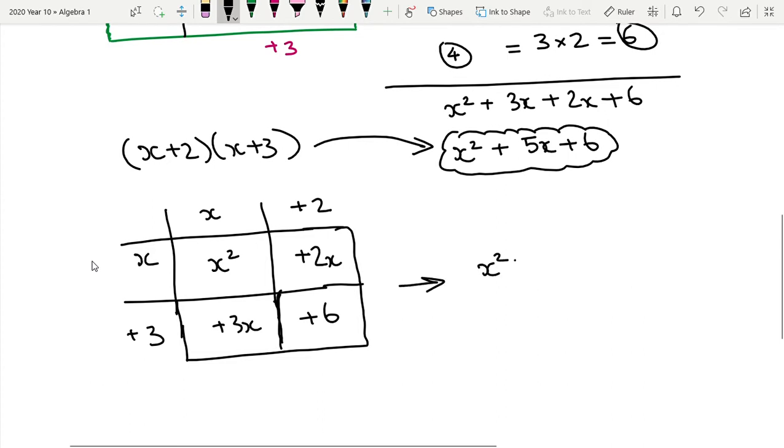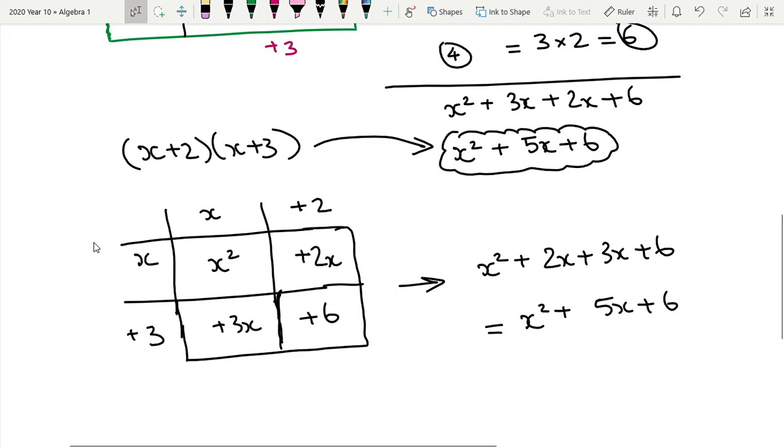So x squared plus 2x plus 3x plus 6 gives me the overall area, which is the one that I want to expand. Now I put them together: x squared plus 5x plus 6, easy peasy, that's it. So this is, in fact, the expansion of x plus 2 times x plus 3.